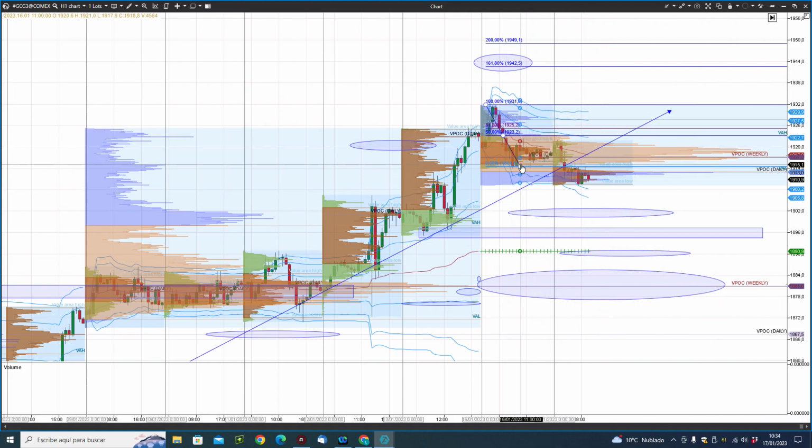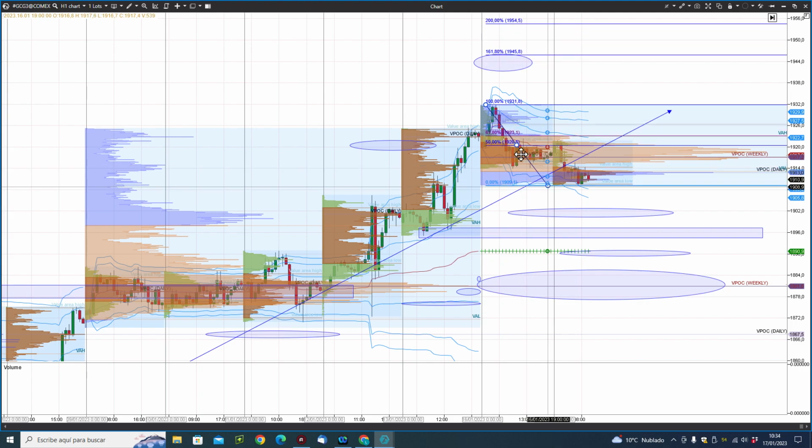Okay, let's see what happens with gold. Gold, we have this structure. Yesterday we talked about whether it's the final pullback here.